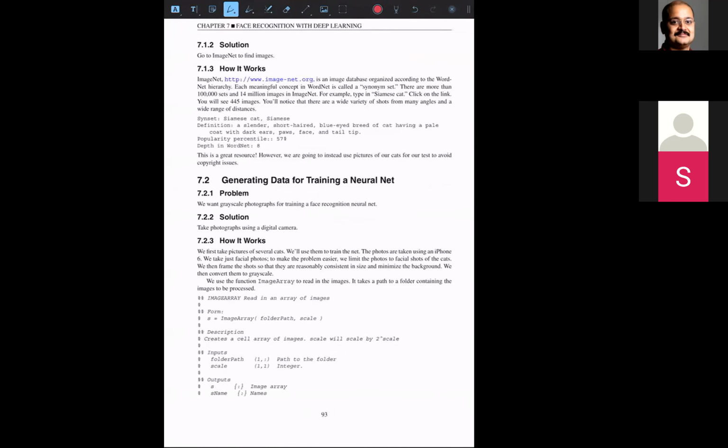Okay. Now the next is this huge data set which is called ImageNet. So there are lots and lots of images. Next there is this function which is called image array. It actually creates the images.